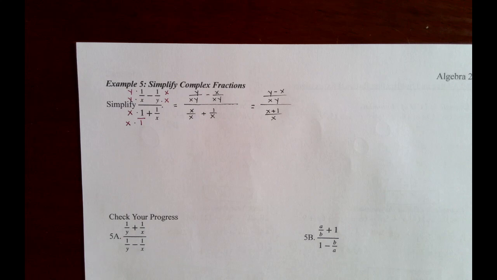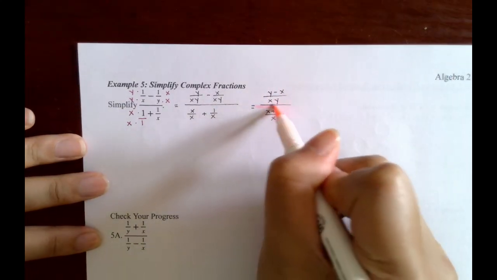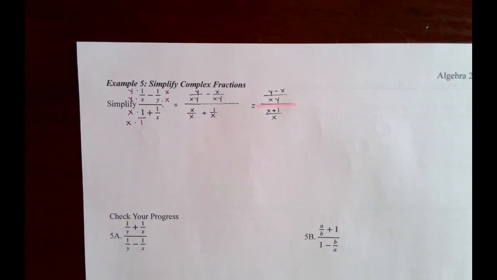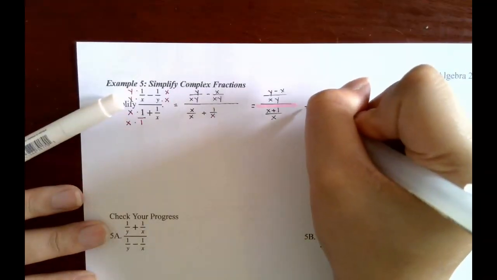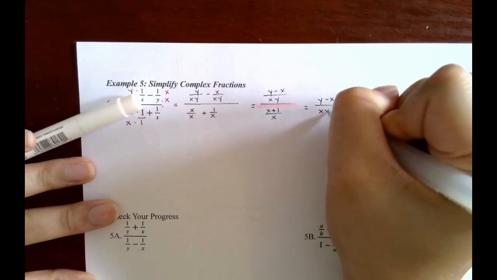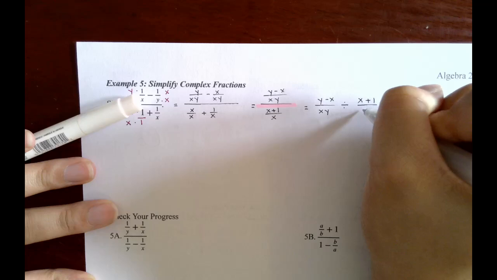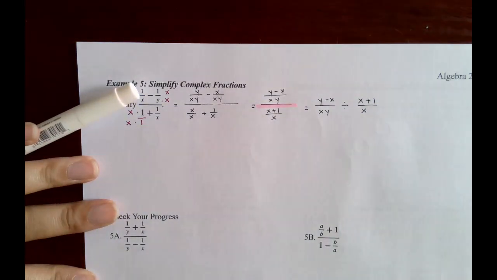Since this is a complex fraction, it's this fraction divided by this fraction, so I'm going to rewrite it that way: y minus x over xy divided by x plus 1 over x.